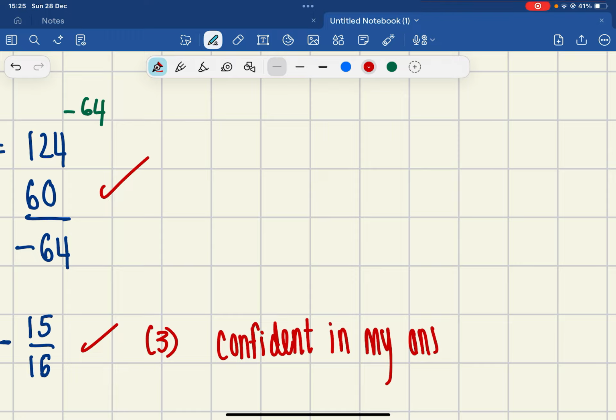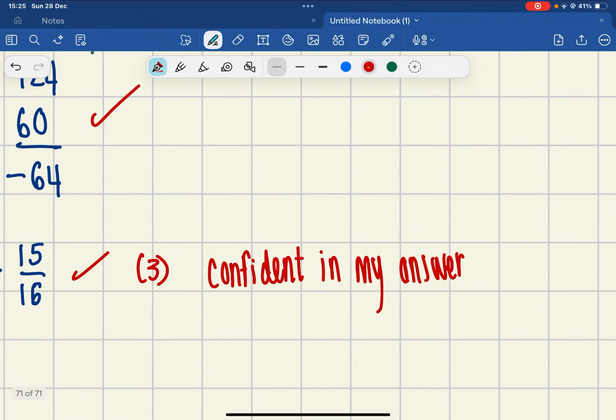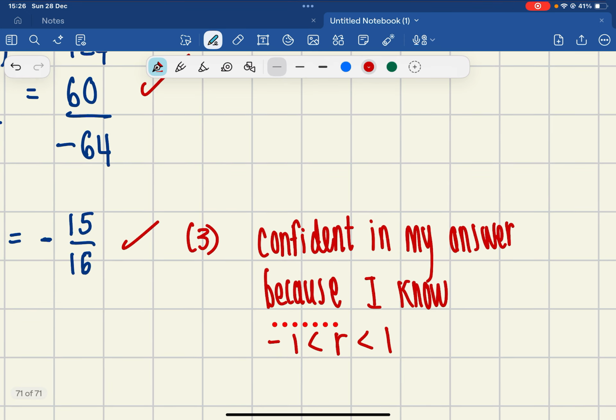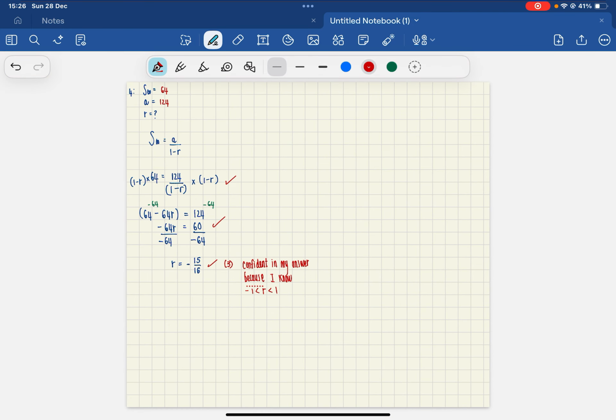Because I know r should be between negative 1 and 1. Is this between negative 1 and 1? Yes, it is.